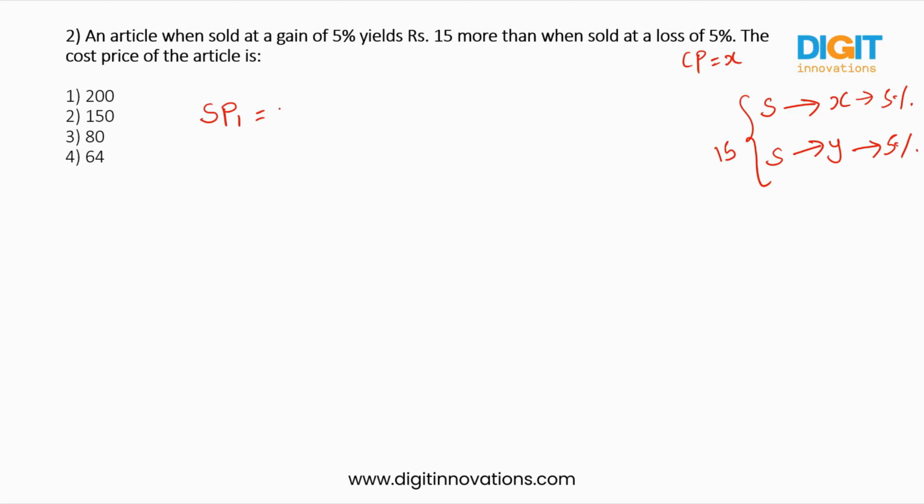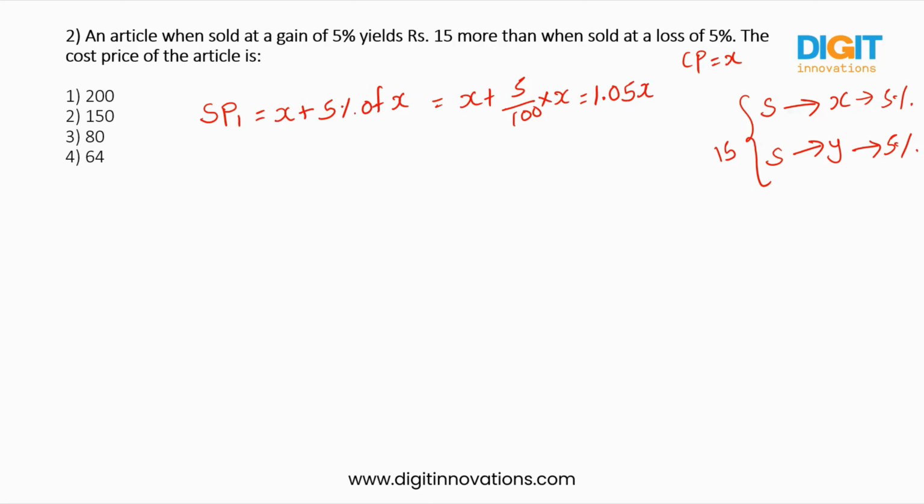So we're selling it, we got a profit. It is 5%. So 5% means the cost price is increased by 5% of X. So it will become X plus 5 by 100 into X, so in total it will be 1.05x.